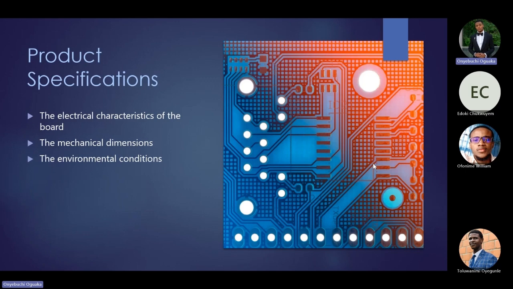Then the signal integrity, which is the measurement of the quality of electrical signals that are propagated through the PCB, and this includes signal distortion and timing issues.